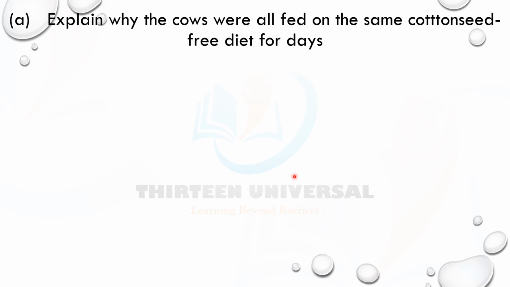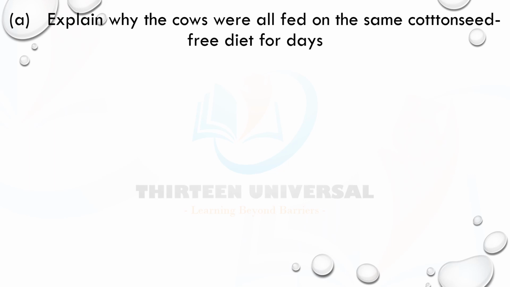Let's go. So now the question: explain why the cows were all fed on the same cottonseed-free diet for days. Remember that we're testing the effect of gossypol, which is found in cottonseed. Try to solve this question.